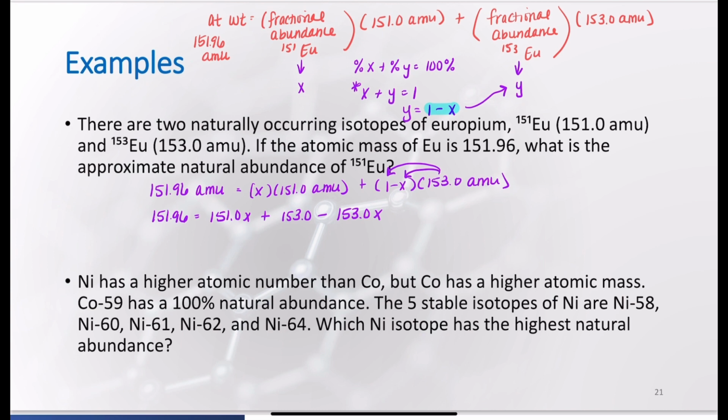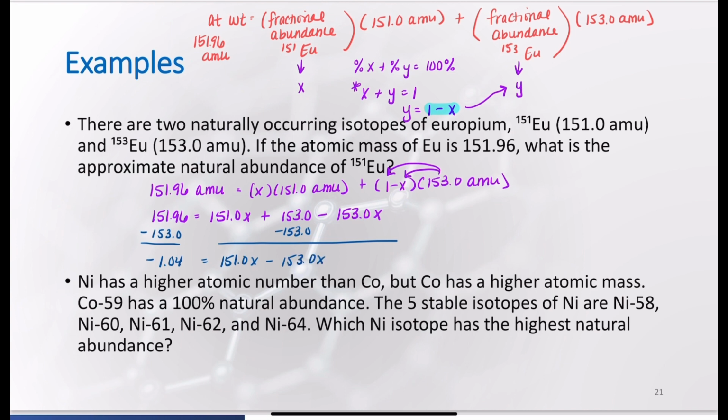To do this, for this one, I'm going to subtract 153.0 from both sides of my equation. This is going to give me negative 1.04 is equal to 151.0x minus 153.0x.